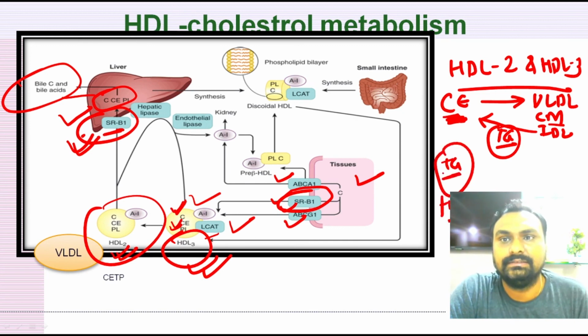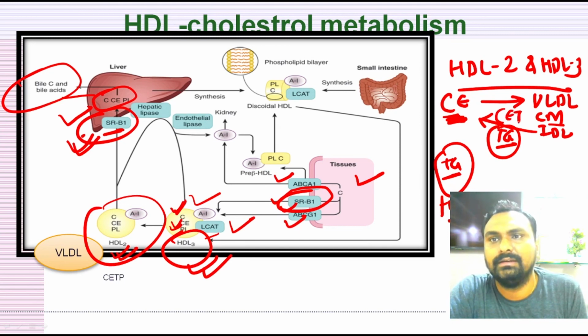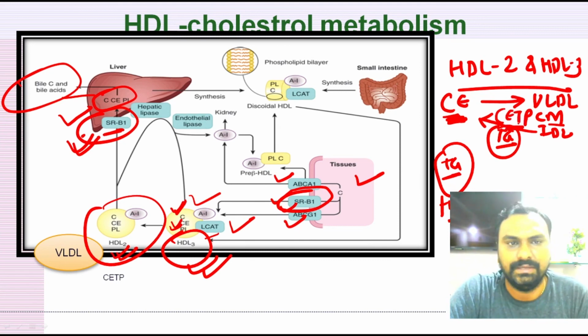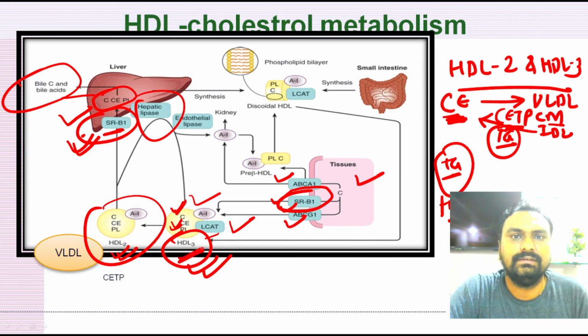This is done with the help of cholesterol ester transport protein, CETP. This HDL2 is then acted upon by hepatic lipase, the triglyceride is utilized, and the remaining portion is converted again to HDL3, which has less cholesterol ester.